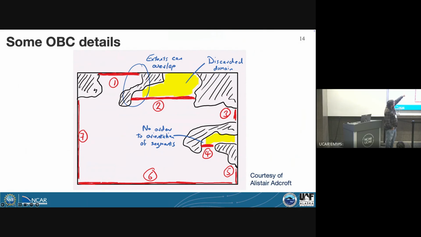The OBC segments, or whatever you want to call them, can overlap. So that's also hidden flexibility. It's not illustrated in that chart, but all the edges between 5 and 6, and 6 and 7, are concave, but MOM6 also supports convex edges.